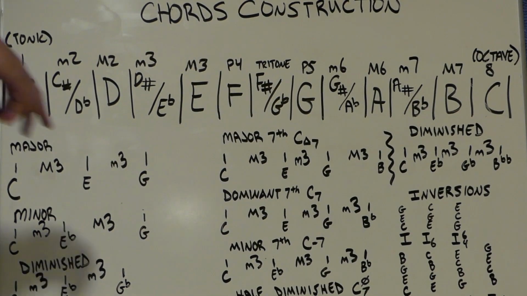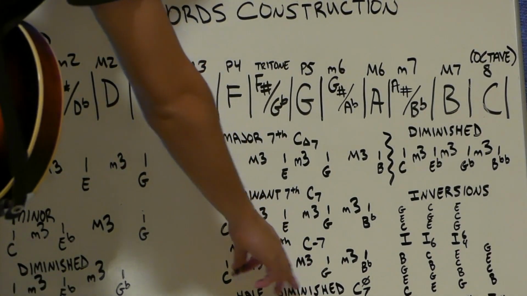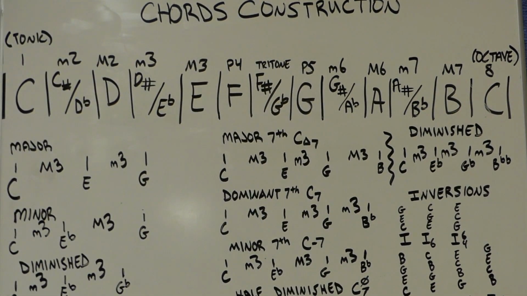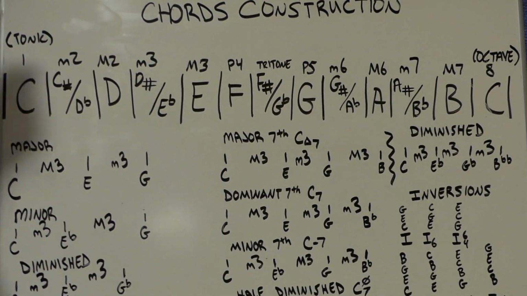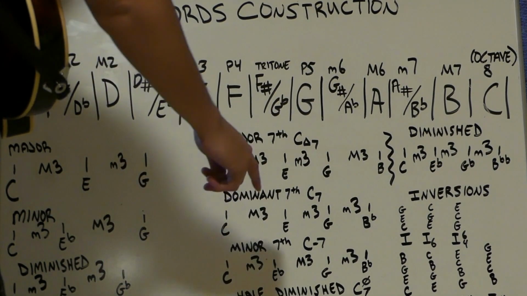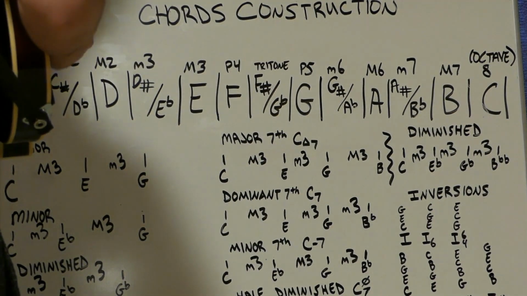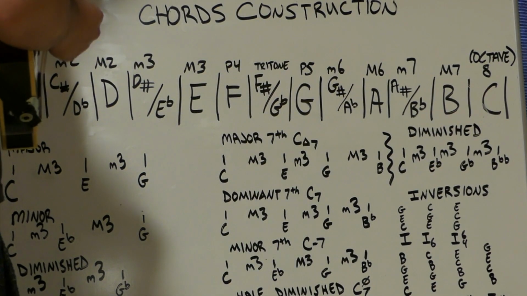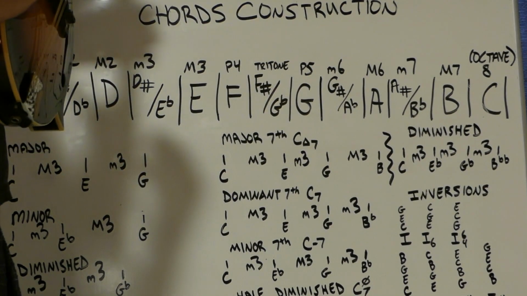Next, we have a half diminished. So we're taking our minor seventh, lowering this G to a G flat, and that'll sound like this. Finally, we have our diminished chord. So what we're doing is we're taking our half diminished chord and we're lowering the seventh an additional half step. So that will sound like this.